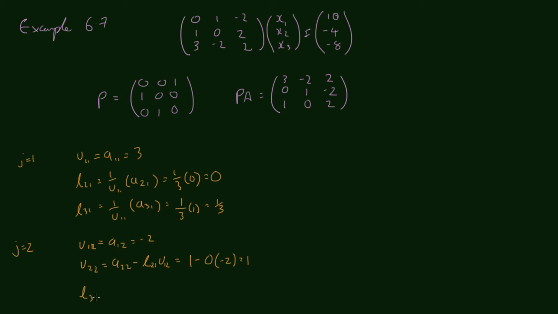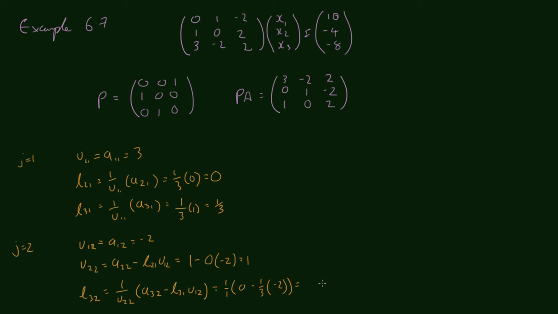And L32 is equal to 1 over U22 times (A32 minus L31 U12). So that's 1 over 1, since U22 is just 1, times A32, which is 0, minus L31, which is 1/3, times U12, which is minus 2.